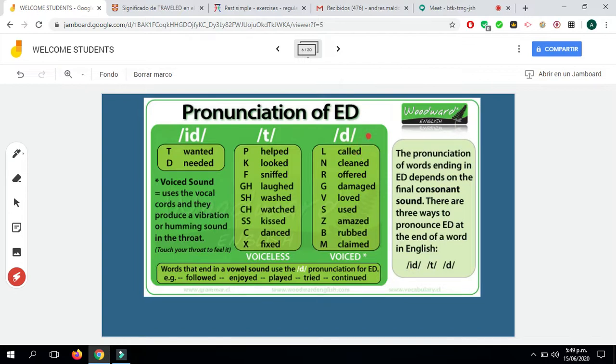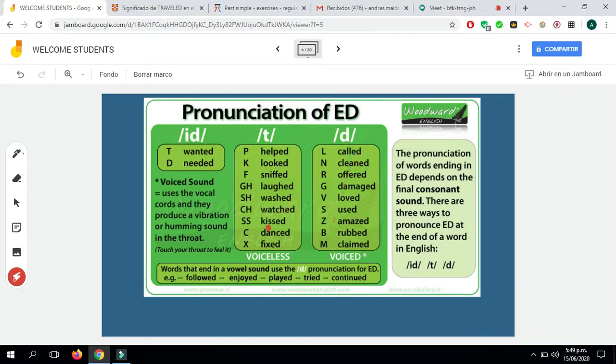For example, called, cleaned, offered, damaged, loved, used, amazed, robbed, claimed. Okay? You may say, teacher, it's the same. No, it's different. If you travel, for example, to the United States, you're going to see that foreign people detect this. Las personas del extranjero detectan cuando la pronunciación es correcta con T y cuando es con D.